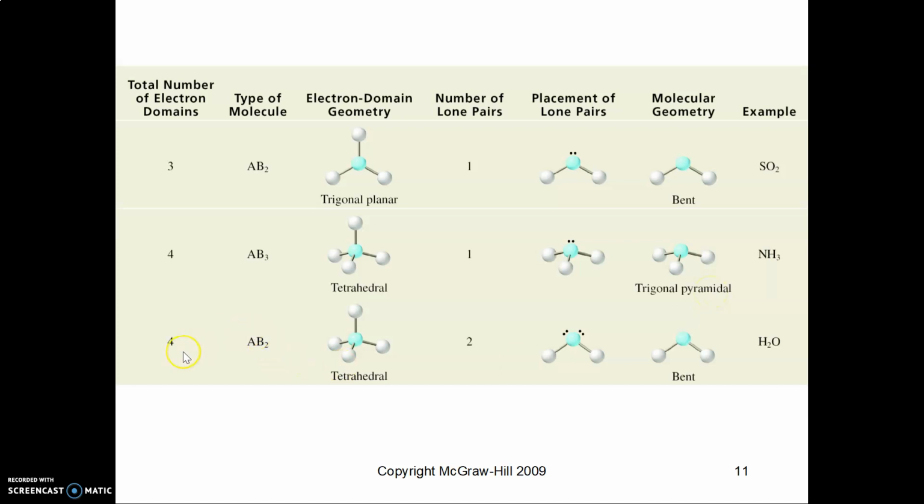If we go to tetrahedral, an AB2, water is bent. We have 2 lone pairs. So the only difference between this bent and this bent is a lone pair. Now, we're using these single lines to represent bonds, but this also may be a double bond or a triple bond.